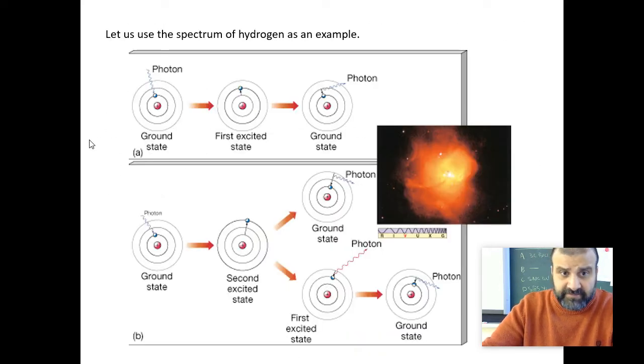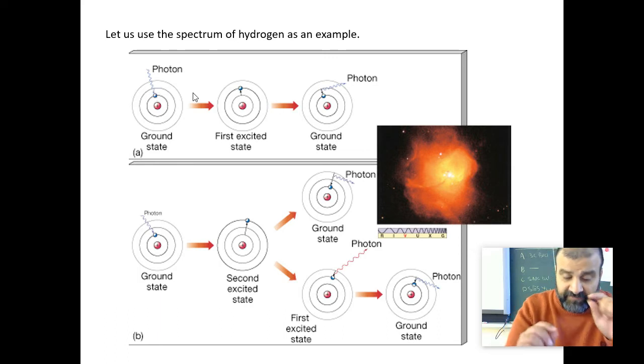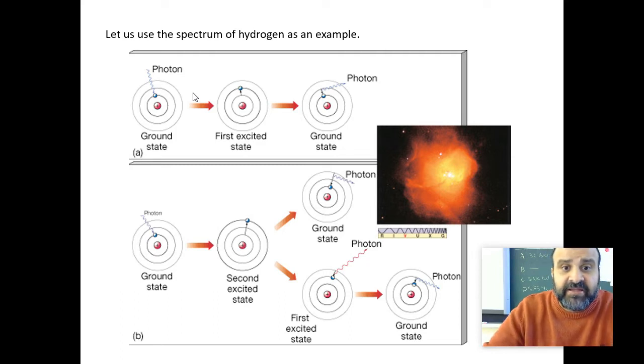So we've got an atom of hydrogen, a photon of light, so radiation strikes the electron. If that energy is the same as the energy to jump from the first orbit to the second, the electron gets excited. Then it falls back and it emits that same amount of radiation.